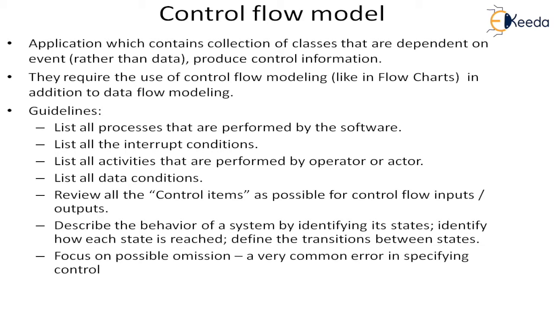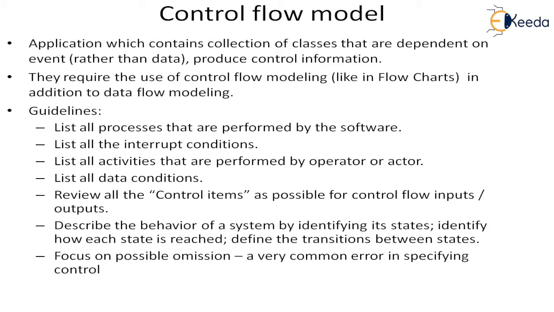In the control flow, the application contains a collection of classes that are dependent on an event. So in the data flow, we were looking into the input of the data. In the control flow, it is not data, it is either an event or a signal, that is, control information that is creating some response or some behavioral change in the system.